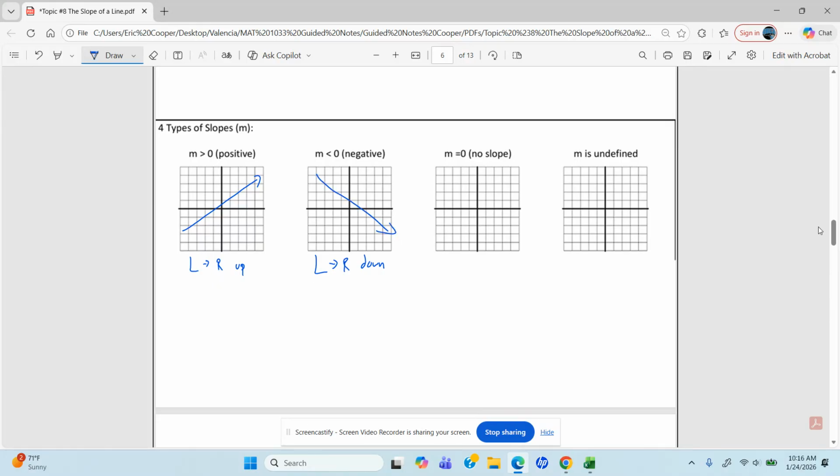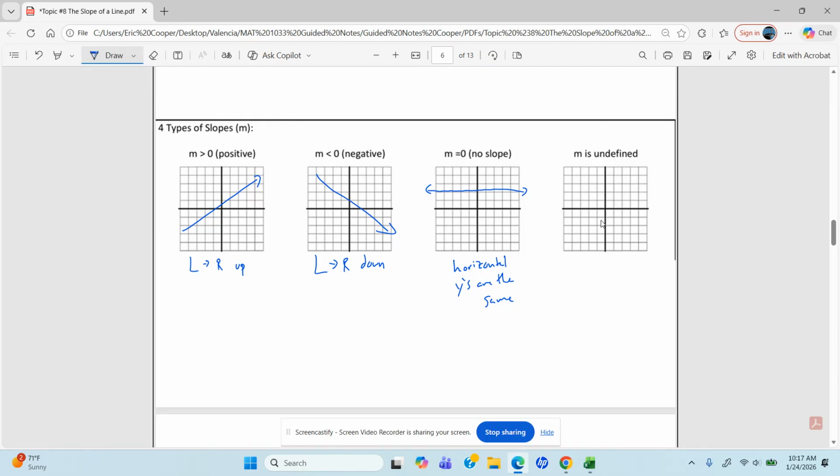The other 2 types of slope are no slope and undefined slope. The no slope only happens when you have a horizontal line. So slope will be 0 if your line comes out to be horizontal. And the only way you get a horizontal line is if your y's are the same.